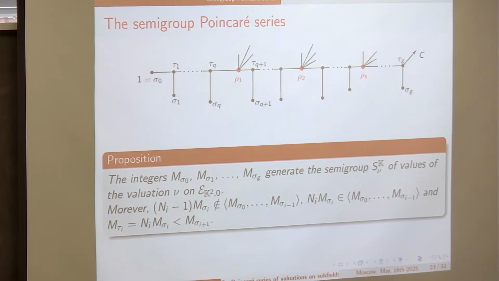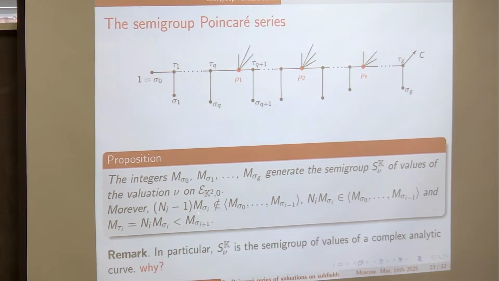That means if you have a numerical semigroup with properties like that for some appropriate numbers ni, then there exists a complex plane branch with this semigroup. The m's at the ends are more or less the Puiseux pairs.